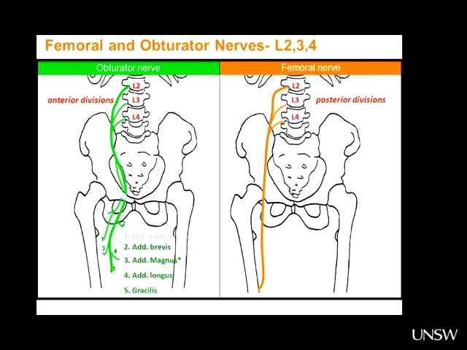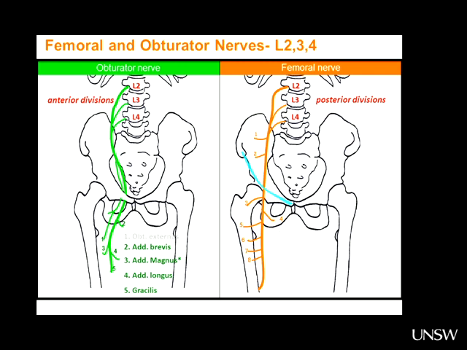Okay, so let's just look at the femoral nerve then a little bit. So the femoral nerve is coming off the posterior divisions of L2, L3, L4. It passes through the pelvis as well, but as it passes through the pelvis, it passes underneath the inguinal ligament. Remember, underneath the inguinal ligament, and then it will enter this region here, which is exactly the same region as the femoral triangle.